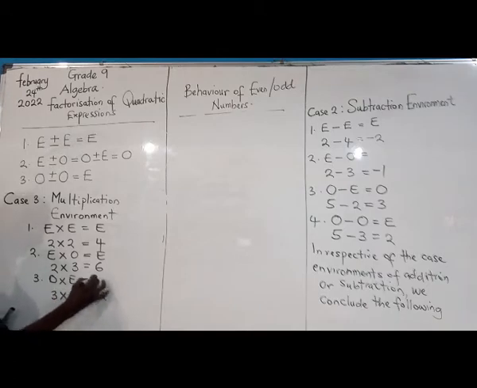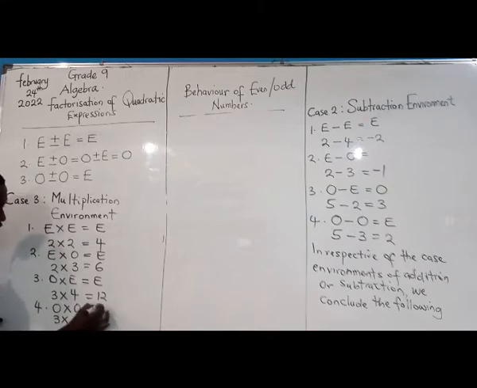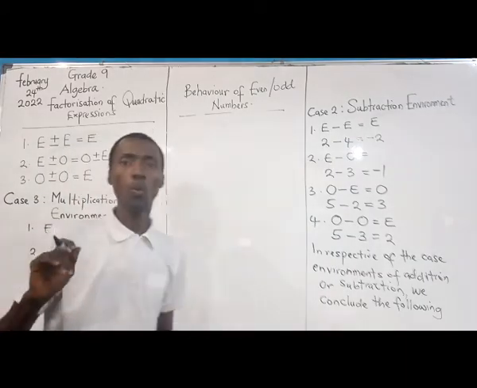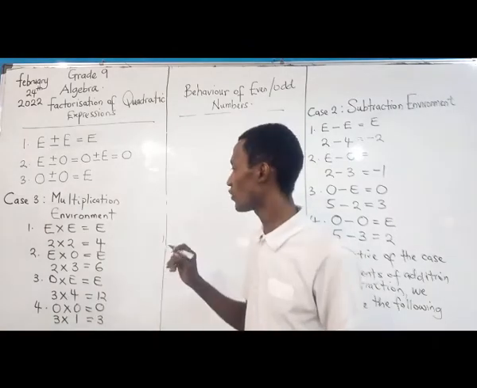That will give me 12. So my answer is what? Also even. Let's take a final one. I take odd times odd. What does that give me? I'll take something like, let's say 3 times 1. And that is 3. So the answer is what? Odd.